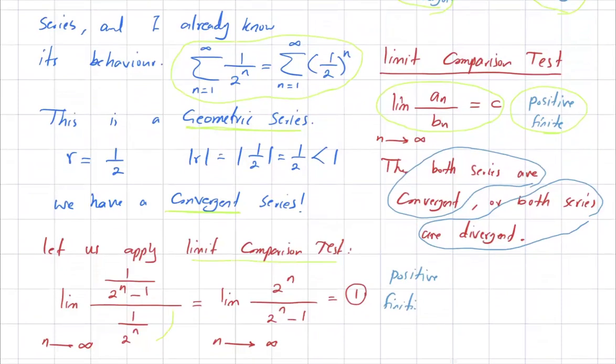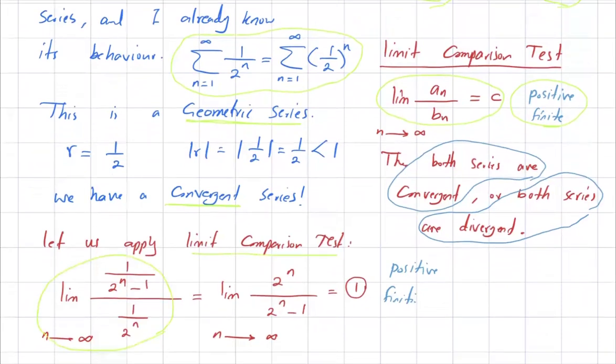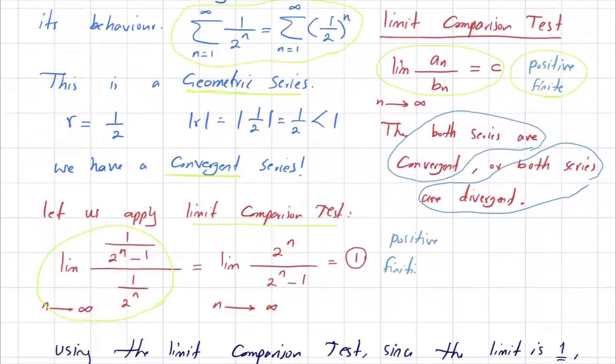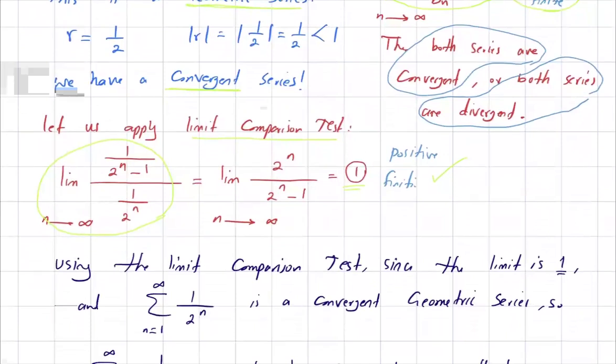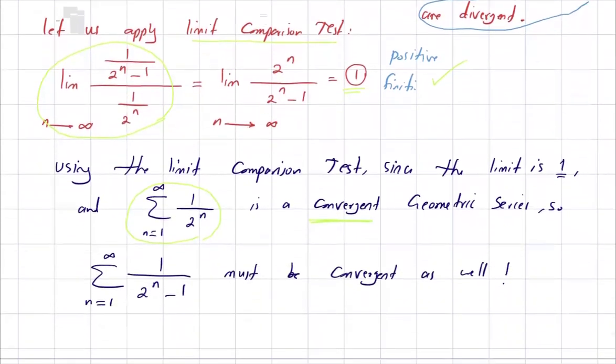Take the limit of 1 divided by 2 to the n minus 1, over 1 divided by 2 to the n, as n goes to infinity. This limit is equal to 1, which is a positive finite number. What's the meaning of that? It means that these two series are both convergent or both divergent, but since this geometric series is convergent, the other series must be convergent as well.